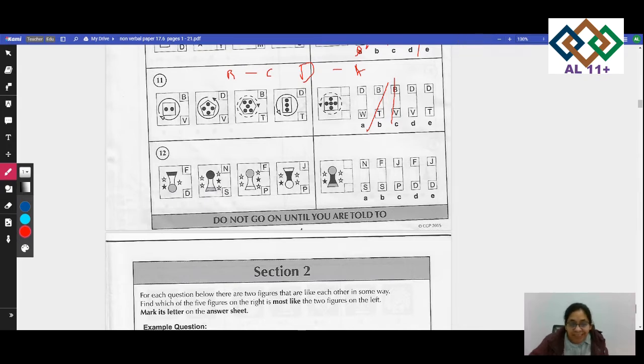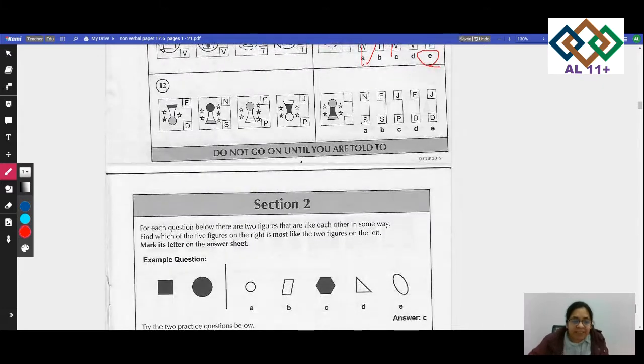It's V or T now. It cannot be W because it doesn't have a W here, so cancel the W. Next, I have to look between V and T. If I look at V, the arrow is on this side, and I need the arrow which is anti-clockwise going this side here. So that's why it will be E.